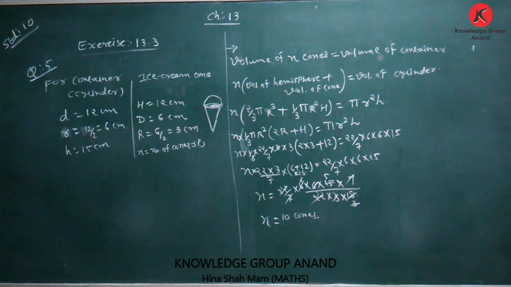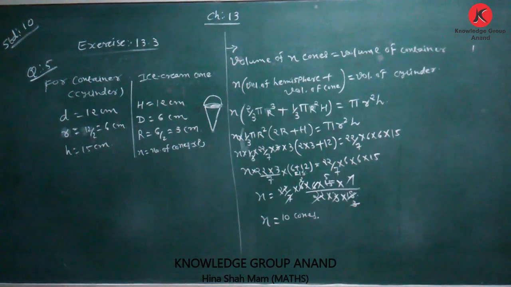First we find the volume of the container and the volume of cones, n into the volume of cones. Here the volume of the container, which shape? It is a shape like a cylinder. And the volume of cones, which is a combination of hemisphere and cone.